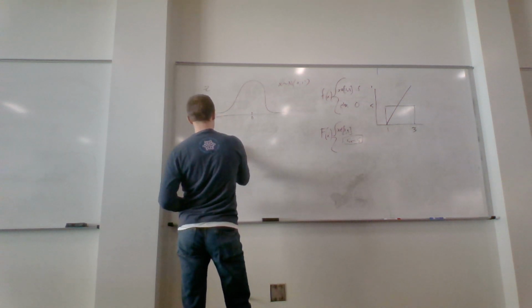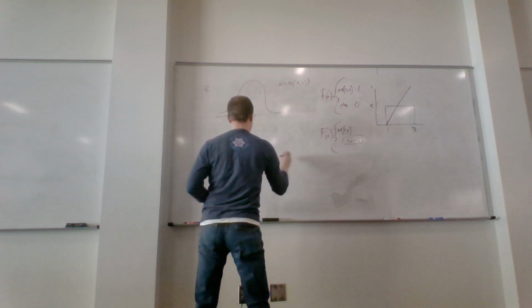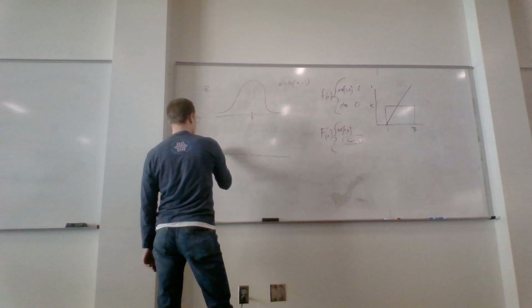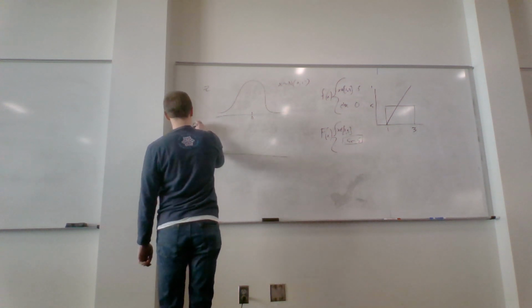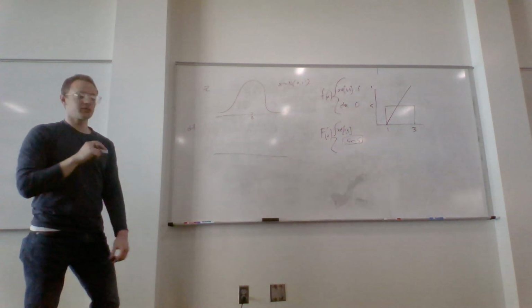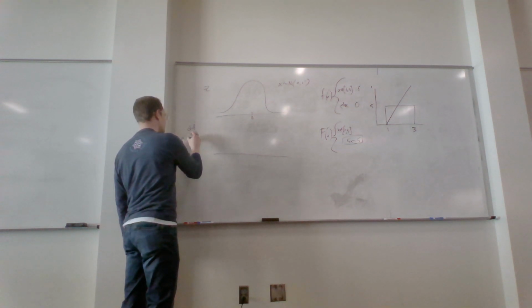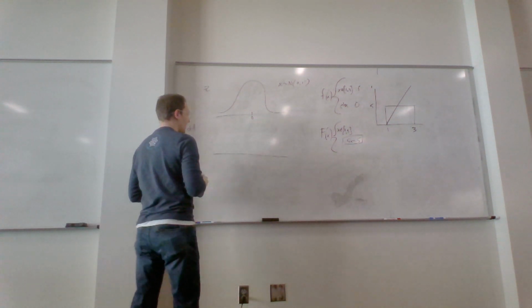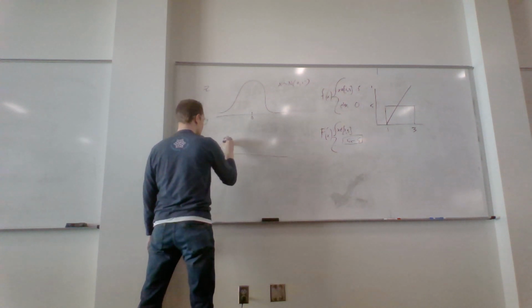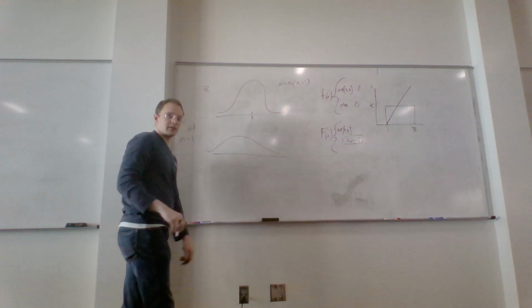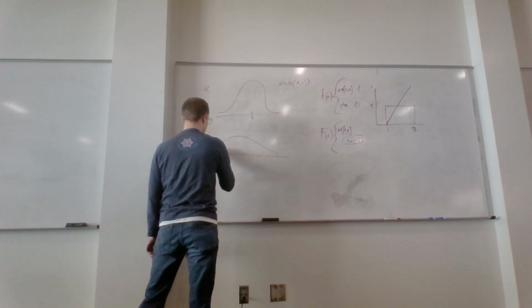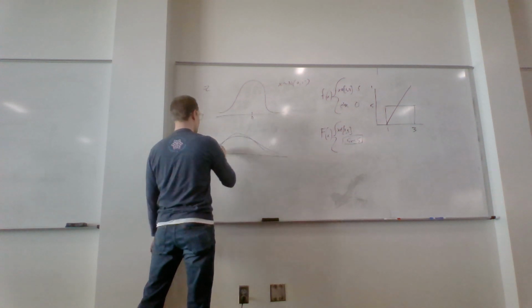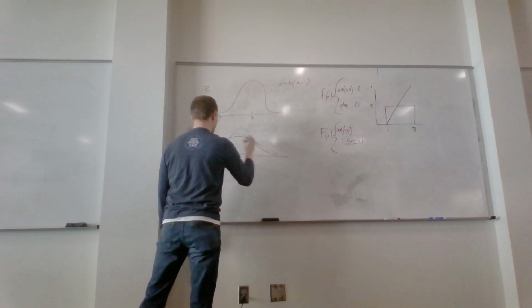A kind of related distribution is the T distribution, an interesting one. The T distribution depends on what's called degrees of freedom, which for a T distribution means your sample size minus 1. A T distribution at really small sample sizes looks like that. If I increase my sample size, it would look like that. Bigger sample size, it would look like that.